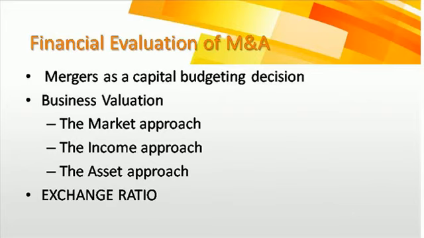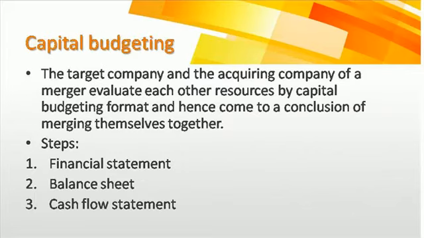While in theory, the first part is about capital budgeting. Capital budgeting is where the target company and acquiring company of a merger evaluate each of the resources by the capital budgeting format and hence come to a conclusion of merging themselves together. As we have studied in the first and second modules, the acquirer company does the entire due diligence, the entire investigation of the target company, and decides which company to choose as a target company.